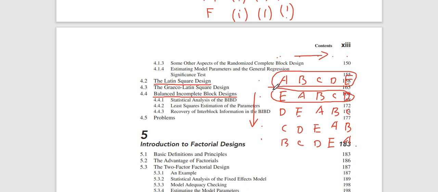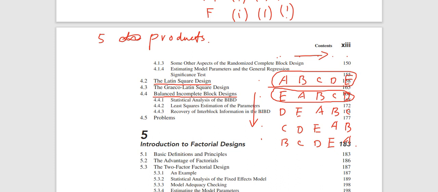We can regard it as 5 drugs, or 5 products.